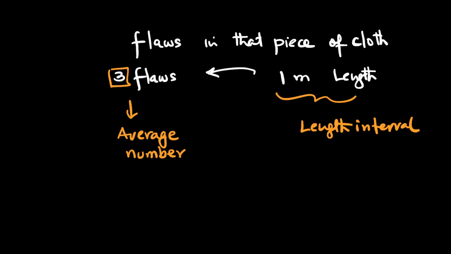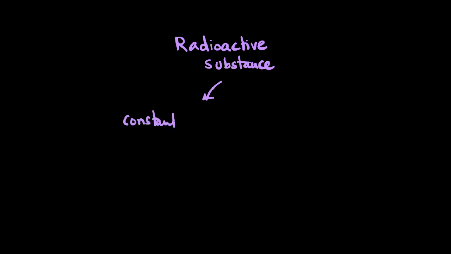Let's look at another example. If I talk about a radioactive substance and it's emitting particles, and these particles are coming out at a constant rate of 100 particles per day.